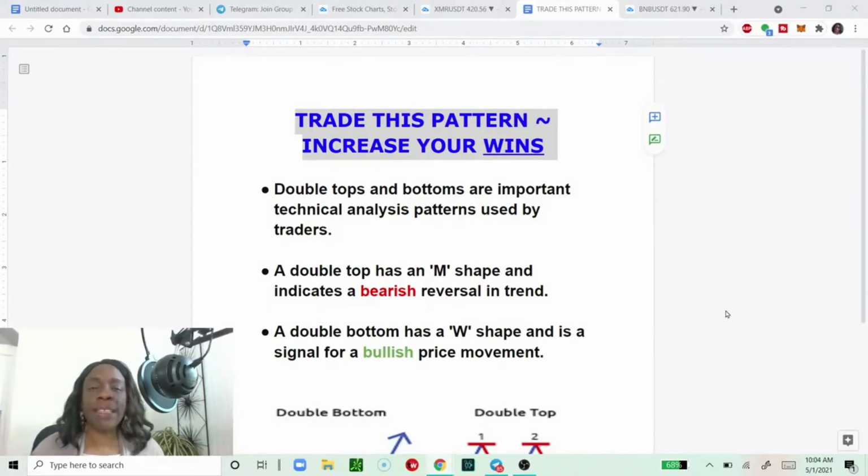Okay, so trade this pattern and increase your wins. It's so important to learn the patterns. Listen up. Trading without your technical analysis is like trying to get to a destination without a map. All we do with technical analysis is look at historical data to help us predict what the market wants to do in the future.